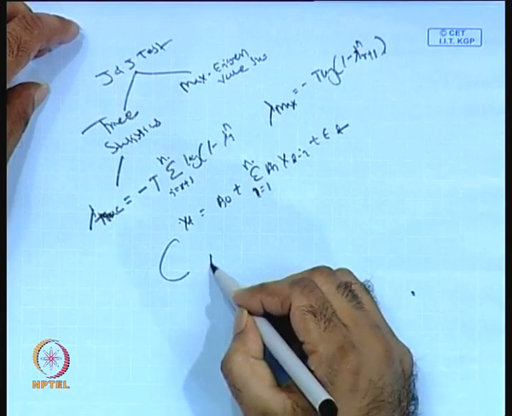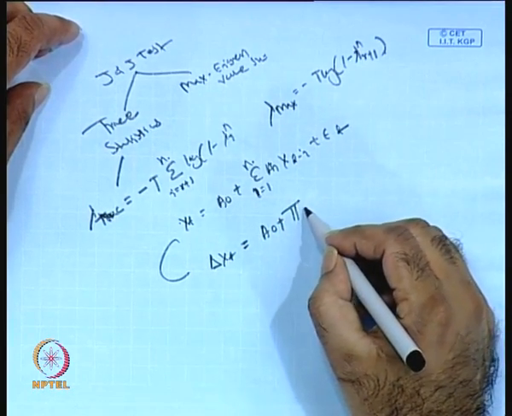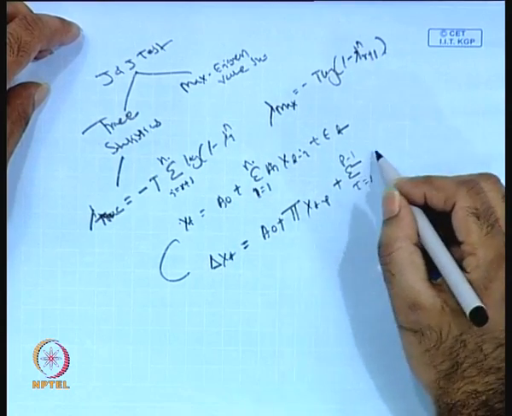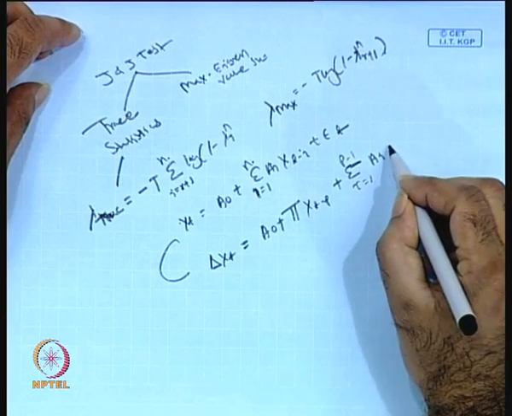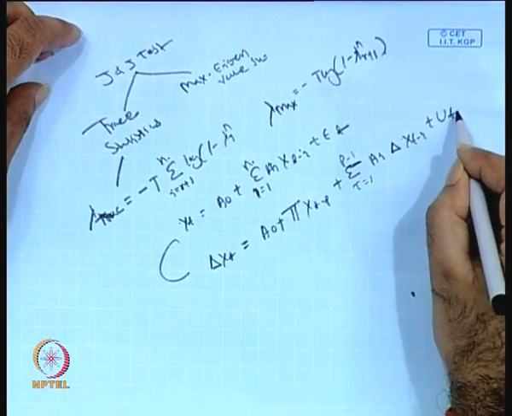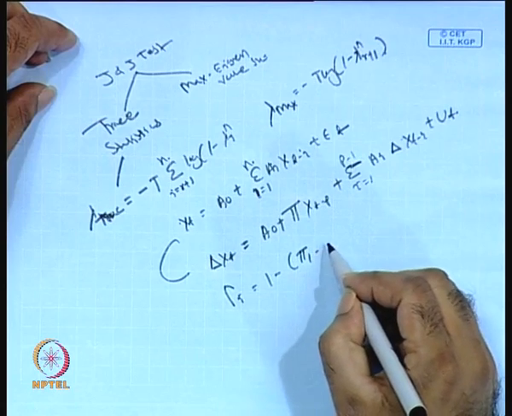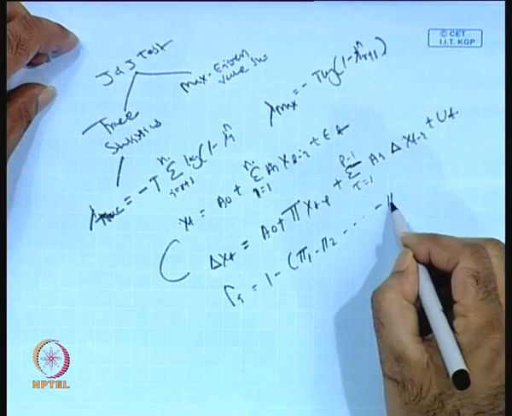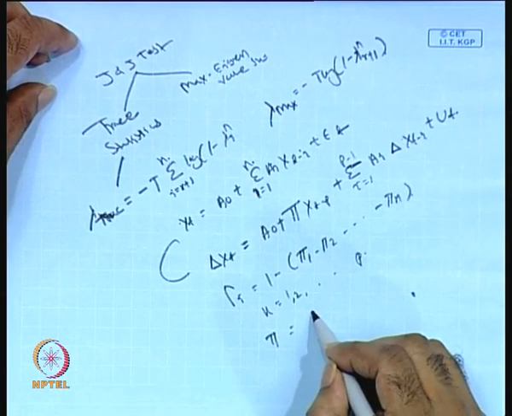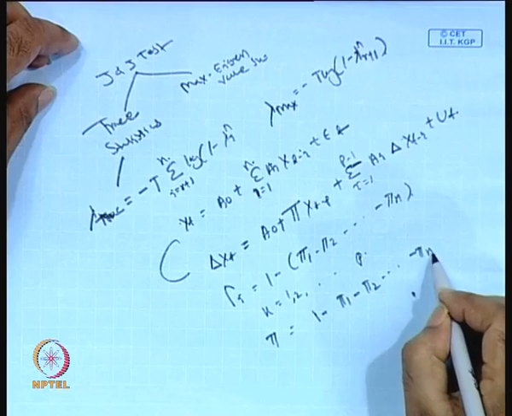This can be rewritten as delta x_t equal to a_0 plus pi x_(t minus p) plus summation i equal to 1 to p minus 1 of a_i delta x_(t minus i) plus u_t. Here pi equals 1 minus pi_1 minus pi_2 minus ... minus pi_n.